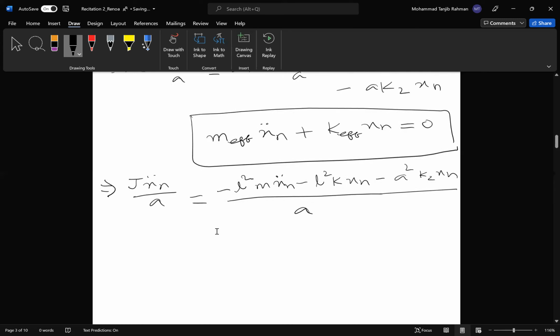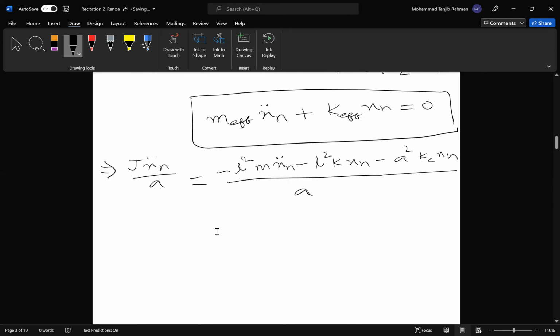So let the a be cancelled out, and I'm just going to divide it with a square from here.